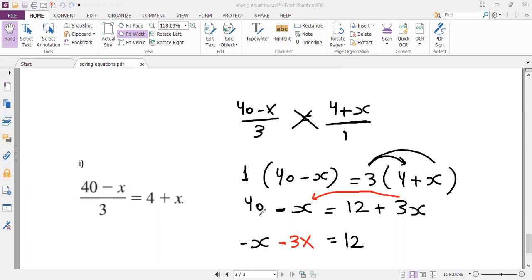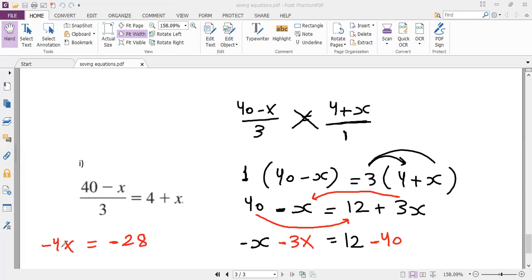And we are going to move 40 to the right side, so it's minus 40. So minus 1x and minus 3x equals what? Equals minus 4x, equals 12 minus 40. It's negative 28.